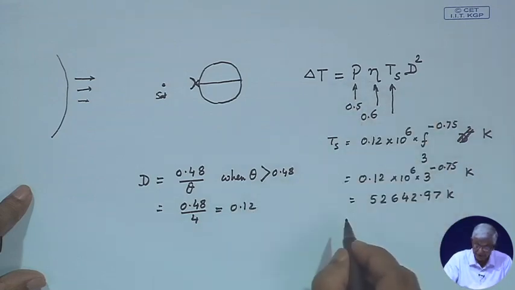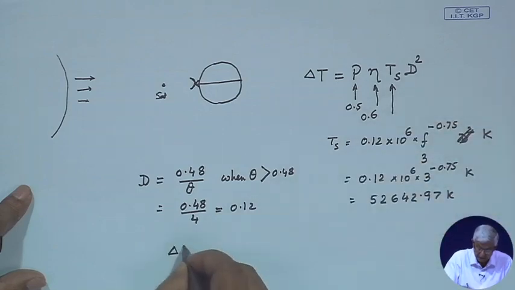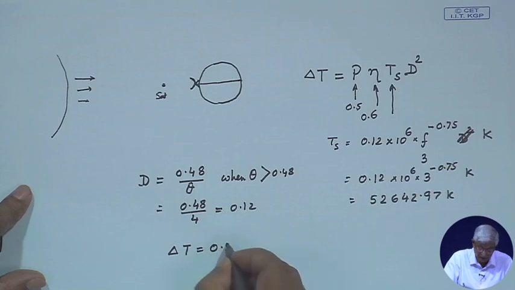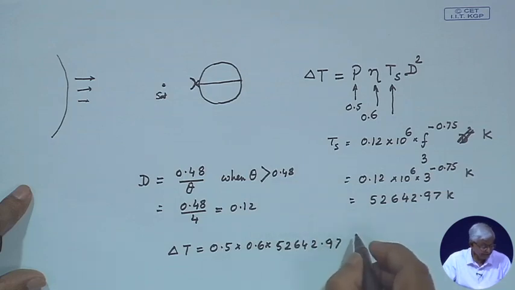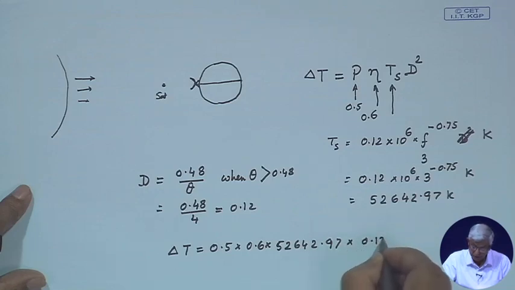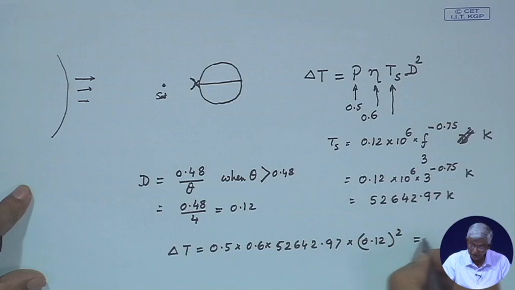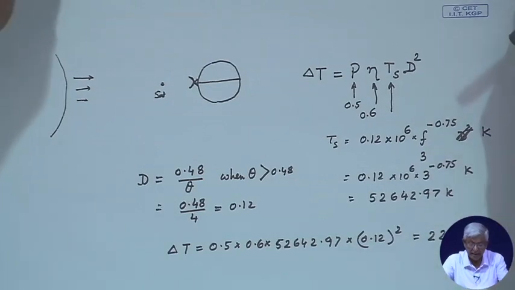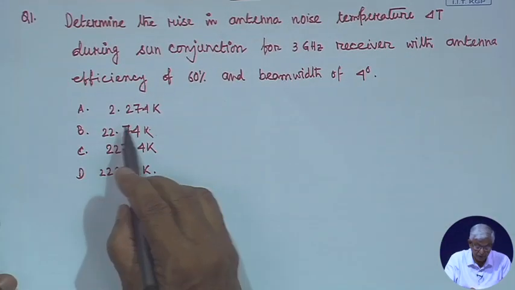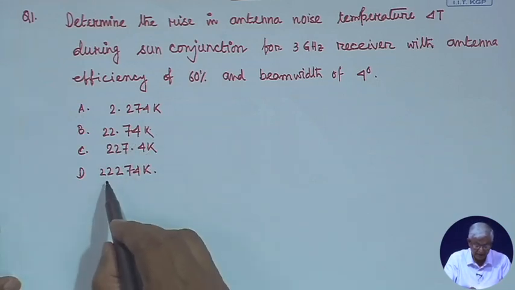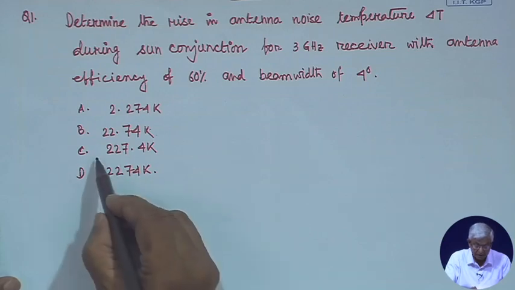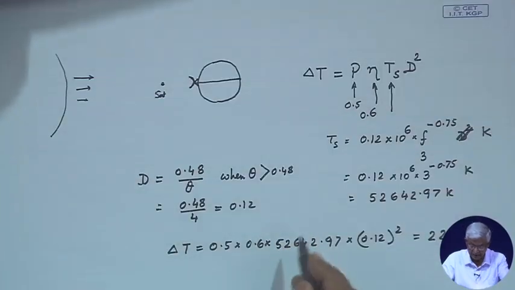Now, if you put all these values there, then your delta T will come out to be 0.5 into 0.6 into 52642.97 into 0.12 square, which, if you do the calculation, will come out to be 227.4 K. Our options were 2.274 K, 22.74 K, 227.4 K and 22274 K. So, it looks like option C is the correct option.